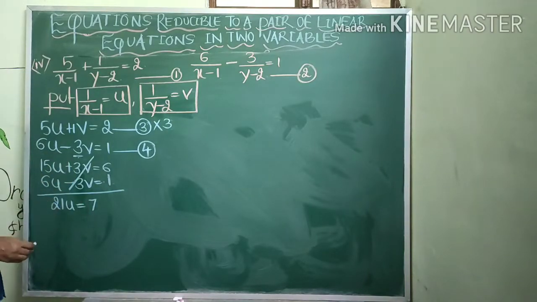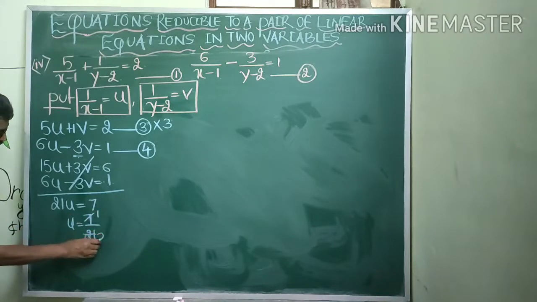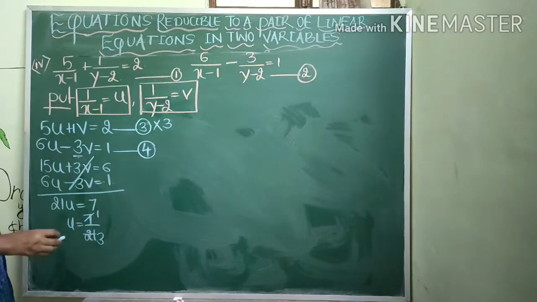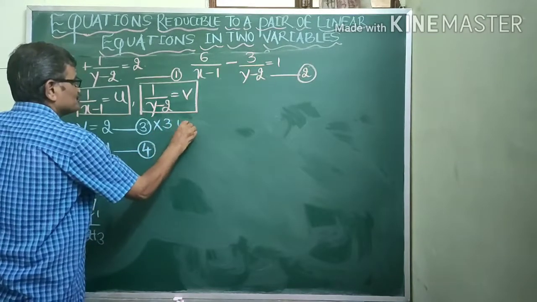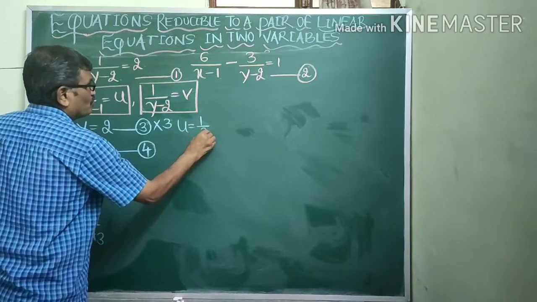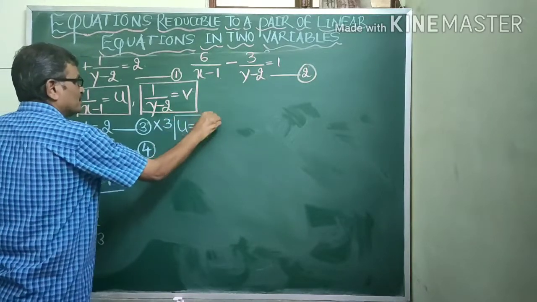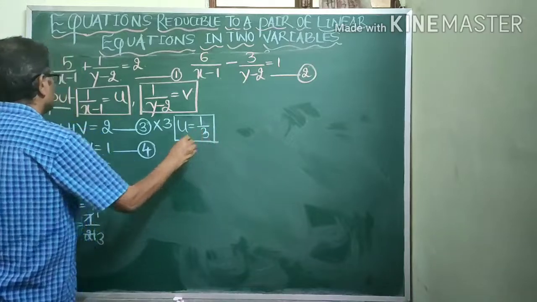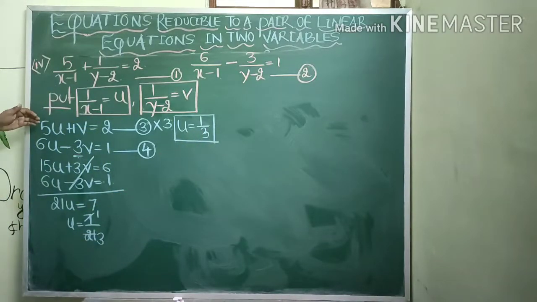So if 21u is equal to 7, then u is equal to 7 by 21. 7 ones are 7, 7 threes are 21. So what I got here is u is equal to 1 by 3.